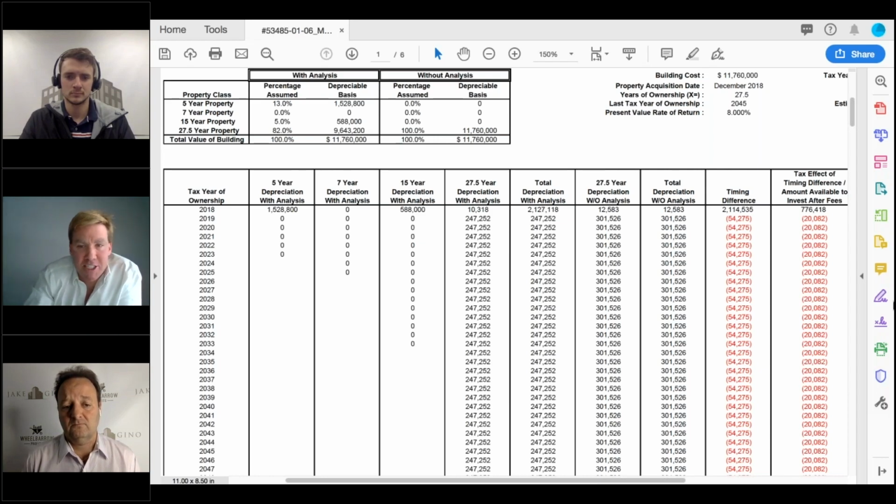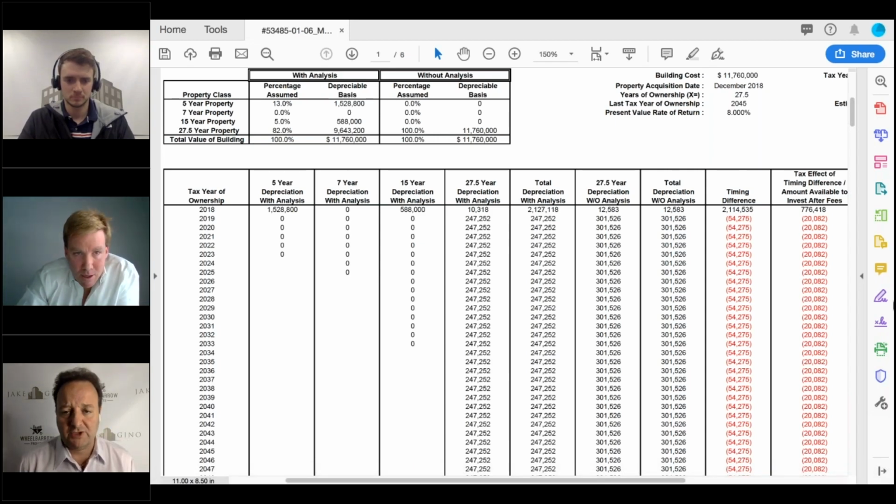As you see on this study here, they were able to accelerate 2.1 million of depreciation in 2018. Before the Trump plan, you'd reap the savings over the first 5 or 6 years under the current structure. So the new Tax Cuts and Jobs Act is huge with enormous tax benefits for building owners.